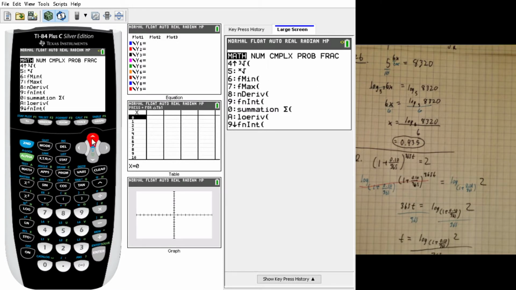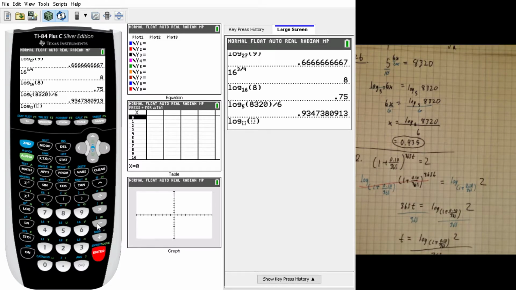I'm going to go to log base b, and I type in the equation 1 plus 0.1 over 365, and then inside I would do 2, all divided by 365.